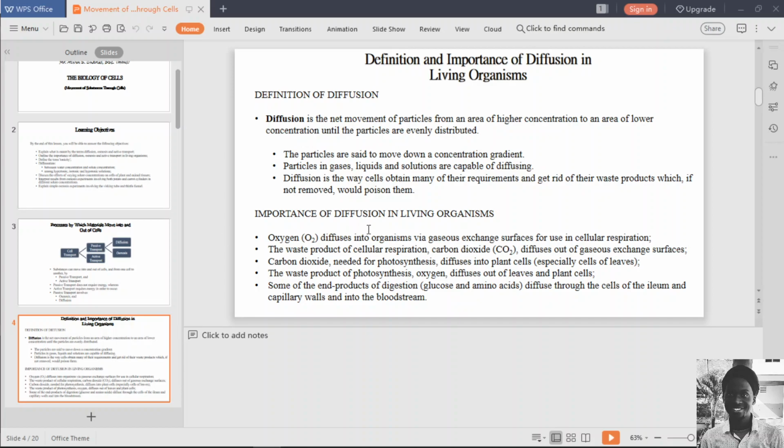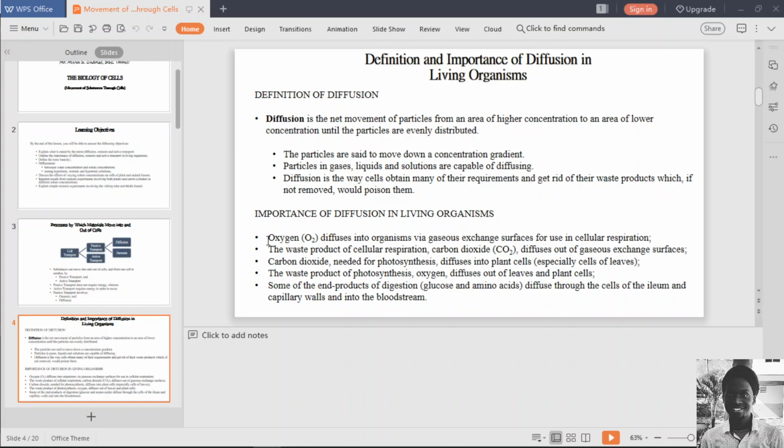The importance of diffusion in living organisms. Oxygen diffuses into organisms via gaseous exchange surfaces for use in cellular respiration. The waste product of cellular respiration, carbon dioxide, diffuses out of gaseous exchange surfaces. Carbon dioxide, also needed for photosynthesis, diffuses into plant cells, especially cells of leaves, as a raw material.